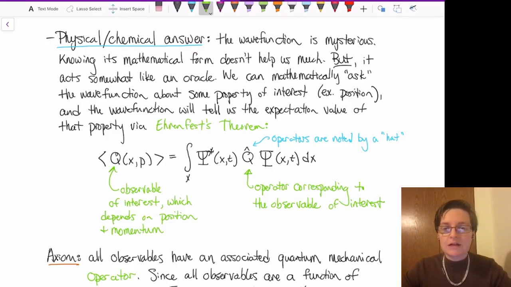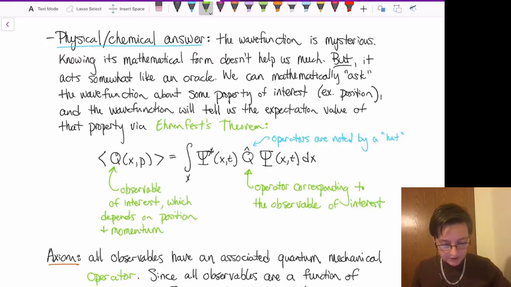So because we're not in a classical world, I cannot ask where is the particle, but I can ask what is the average position of the particle, or again, because most of your textbooks use the language of expectation values, what is the expected position of the particle?